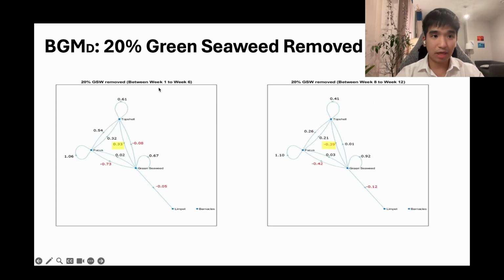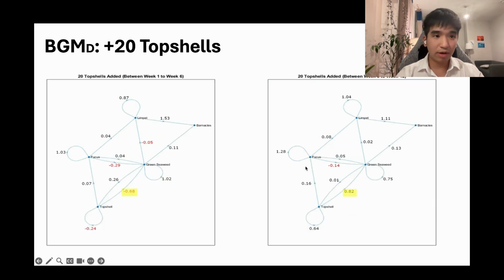Similar pattern in 20% green seaweed removed, with the only exception being that there are more edges. It starts off positive, 0.33 between top shell and green seaweed. And after that change point, it flips negative. But once we add 20 top shells, it becomes the opposite. It starts off negative, and then afterwards it flips positive.